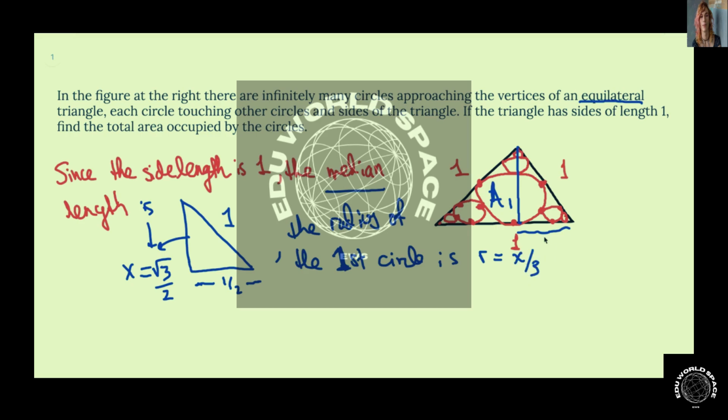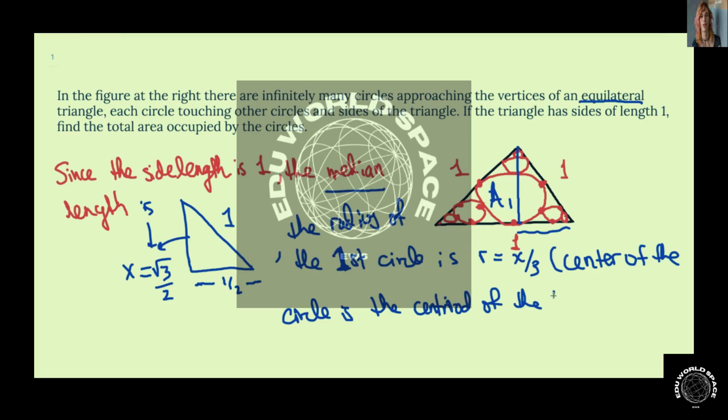This is coming from geometry, that the center of the circle is the centroid. This is a geometry fact of the triangle. By the triangle they mean, as in the picture we have, the triangle circumscribes the large circle.